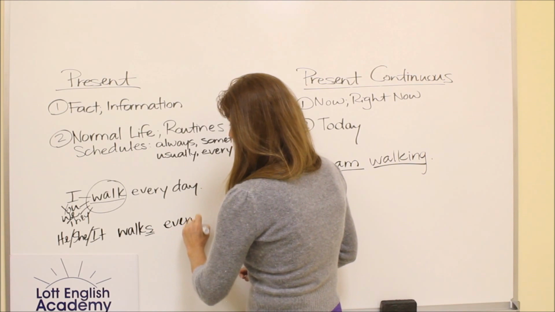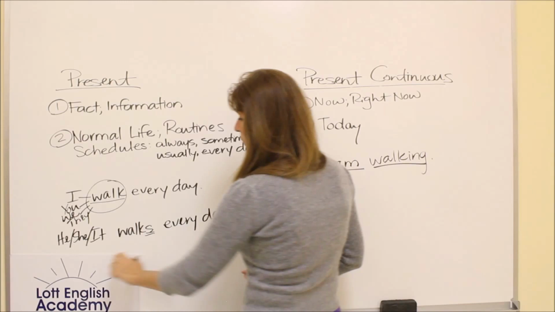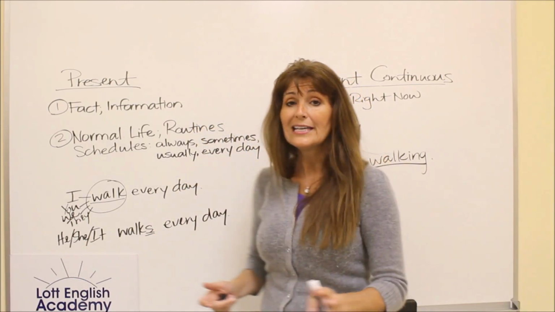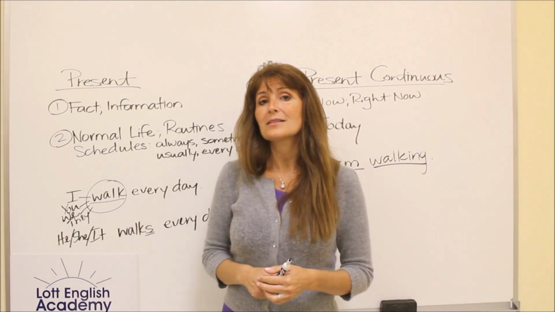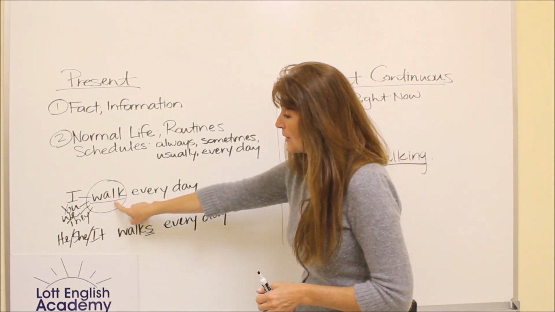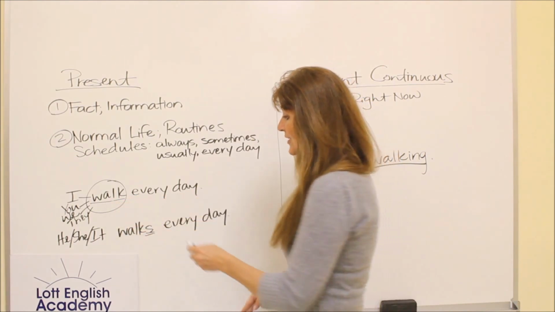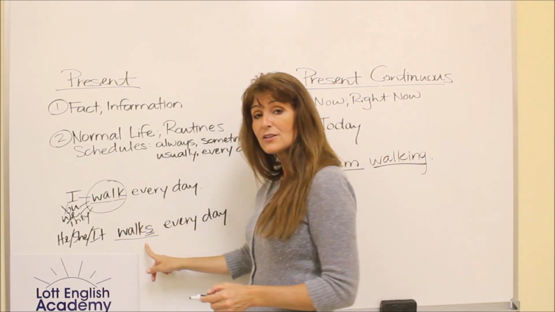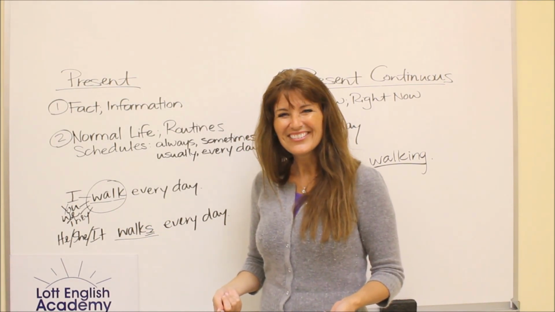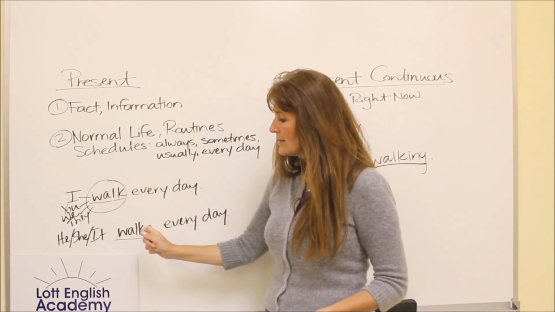So, he walks every day, or she walks every day, or it, maybe an animal, walks every day. Now, this is the base form. This is base plus S. But in both situations, we have just 1 piece to the verb when we want to make an affirmative statement. All right? So, I walk, he walks. You walk, she walks.